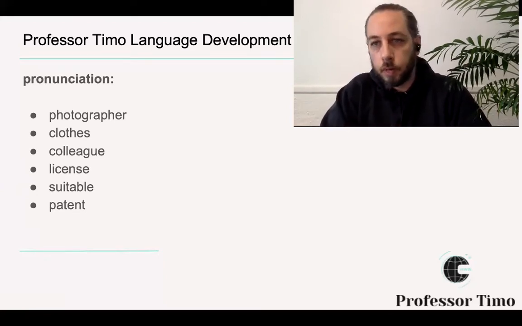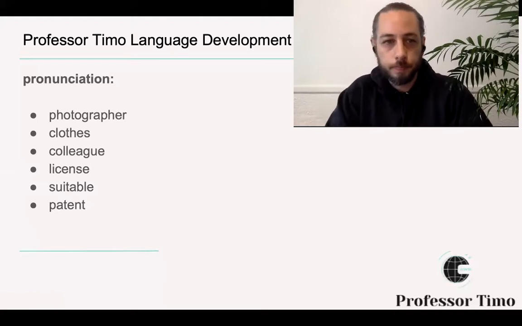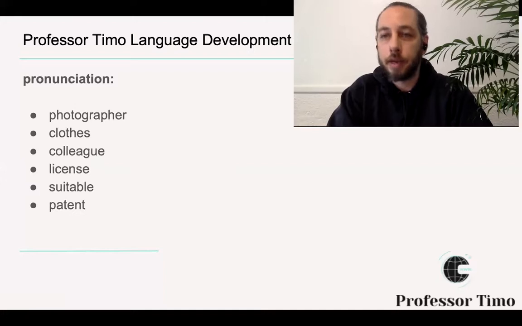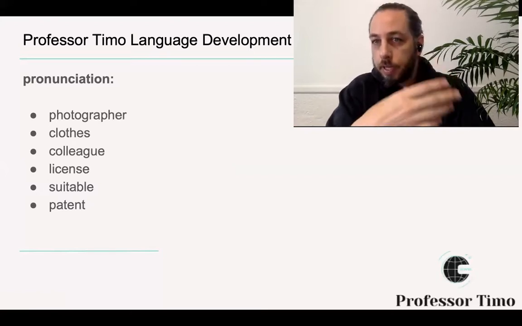All right, third, we have colleague. Remember the pronunciation of the letter L here, call, colleague. Fourth is another L word, license. So that word fits our theme for today.